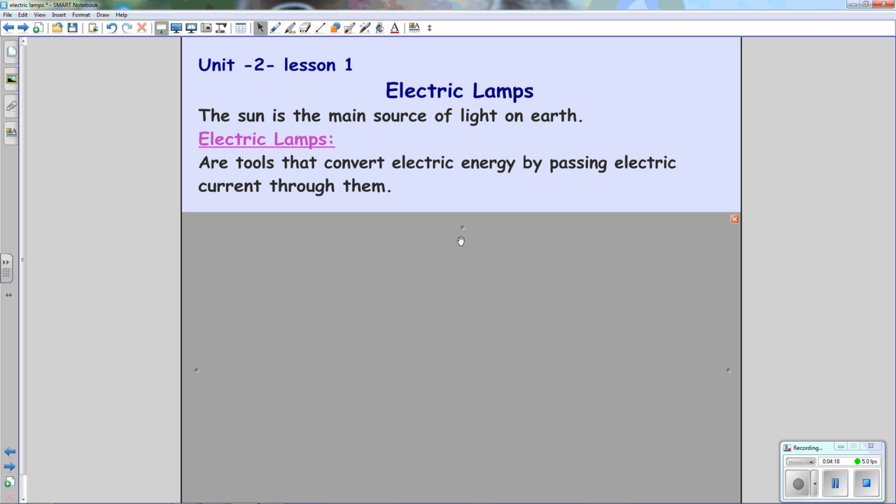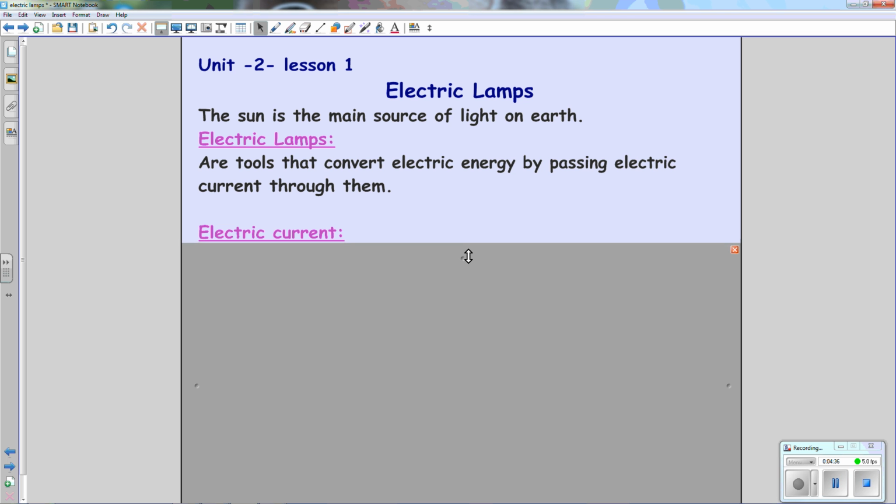The electric lamps are tools that convert electric energy that comes from electricity by passing electric current through them. But what is the meaning of electric current?